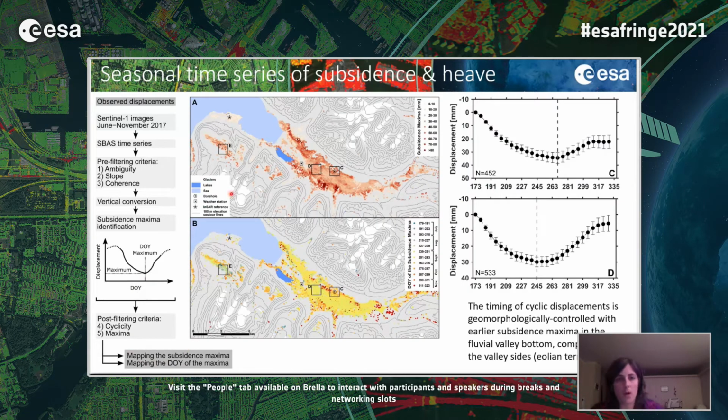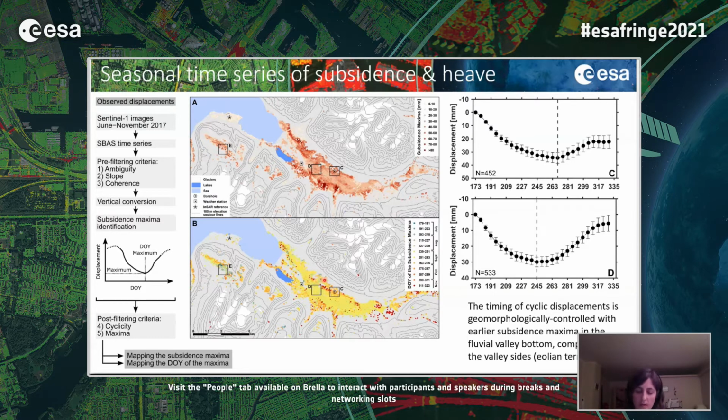So on the top, you have a map showing the maximum subsidence for the considered period. And on the bottom, you see the time of this maximum value.